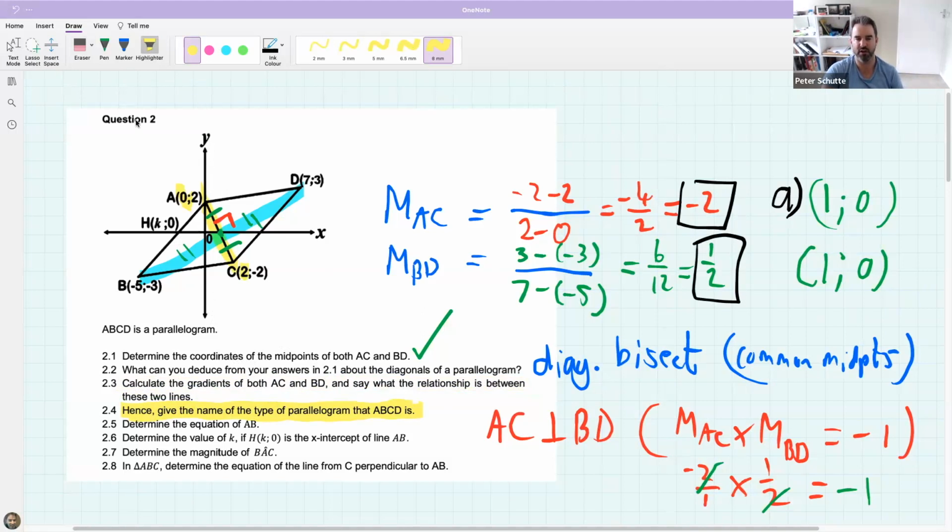If you think of your quadrilateral family tree, who thinks they know what type of quadrilateral this is? Oh, sorry, parallelogram it is. We know the diagonals cut each other in half. We know they meet at 90. What are the possibilities?